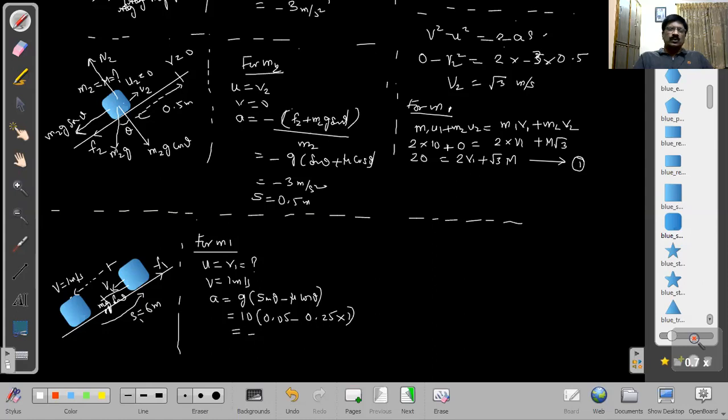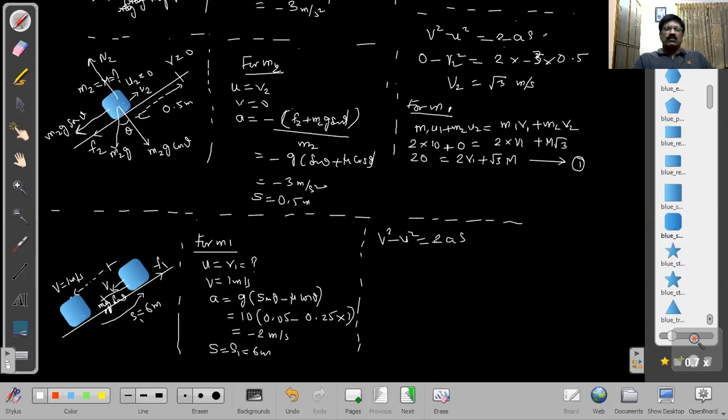That means minus 2. So the first block after collision comes down with a deceleration, and after traveling a distance s = s1 = 6 meter, its velocity becomes 1 meter per second. Now what about v1? Again you use the relation v square minus u square is equal to 2as.